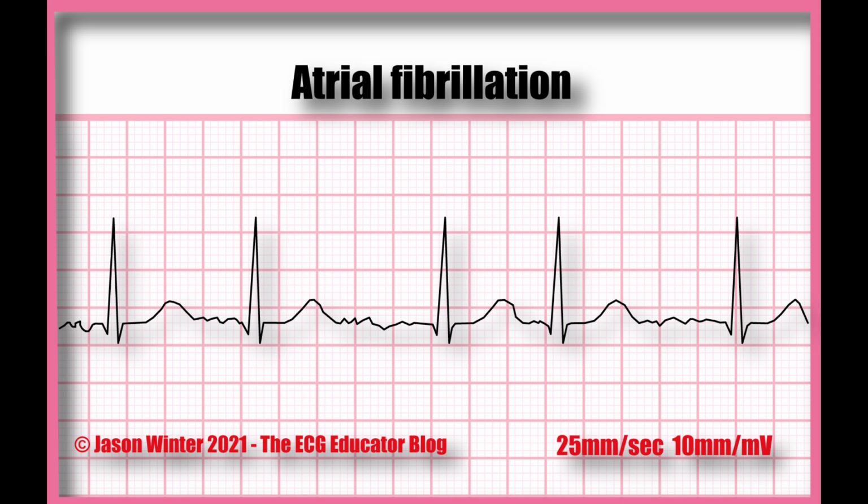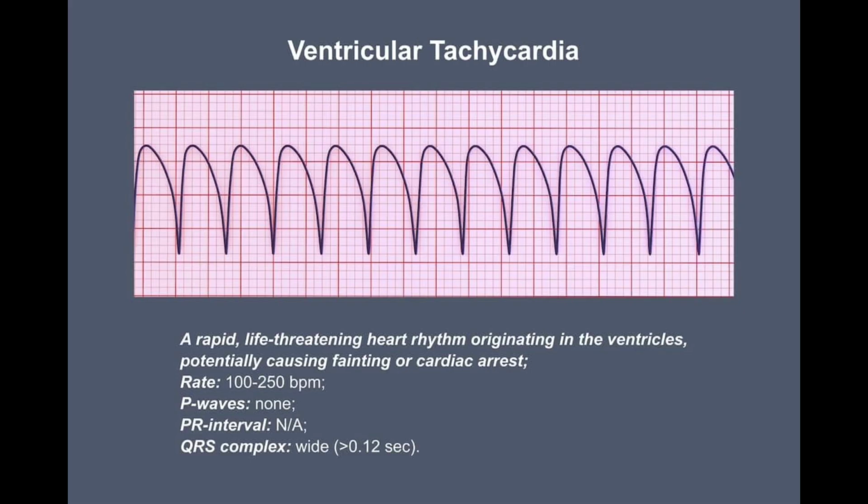A more serious example of this is atrial fibrillation, or AFib. This is where the atria quiver instead of contracting normally, increasing the risk for stroke. And the most serious and most deadly is ventricular tachycardia, or VTAC, which is very deadly if untreated.